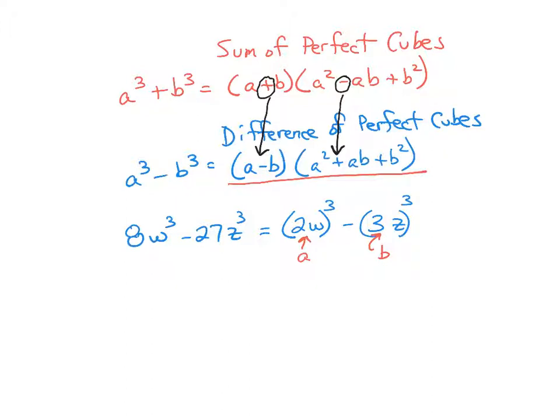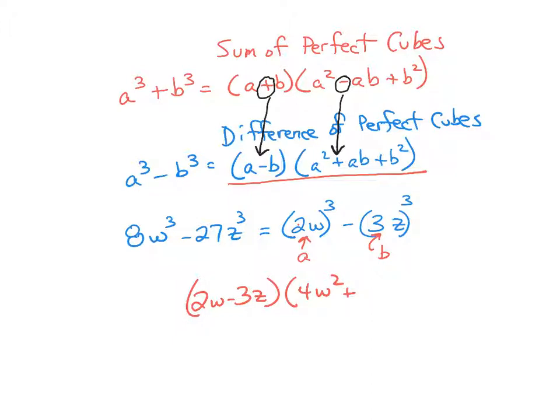So if I do that, first of all, I need a minus b. So I'm going to have 2w minus 3z in my first set of parentheses. After that, I need a squared. Well, a is equal to 2w. 2w squared is equal to 4w squared. Then I need plus ab, so I'm going to be multiplying 2w times 3z.